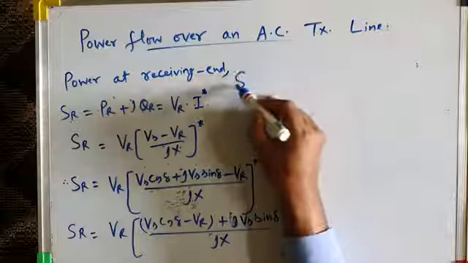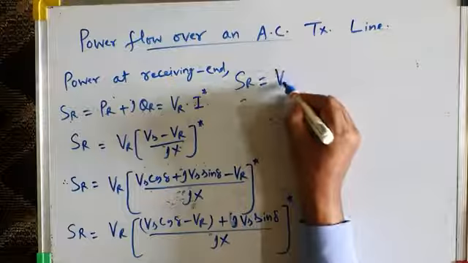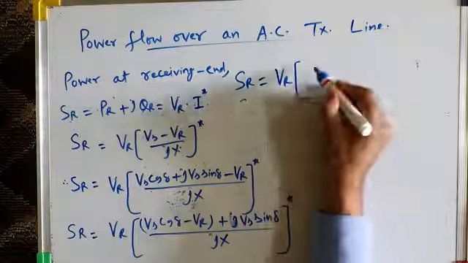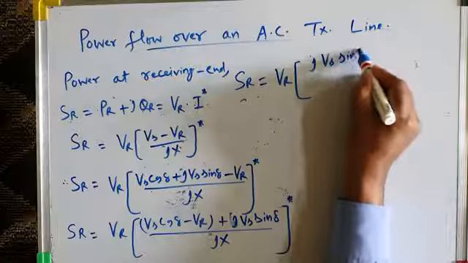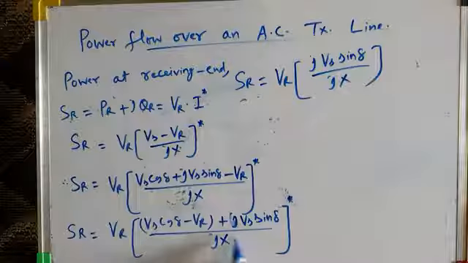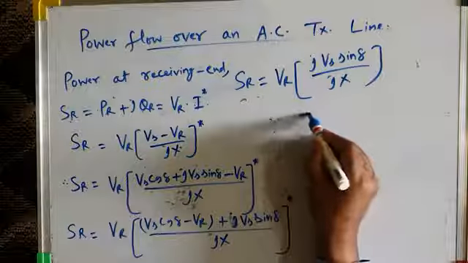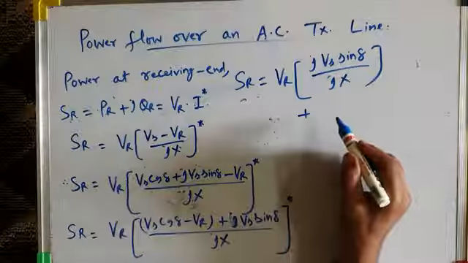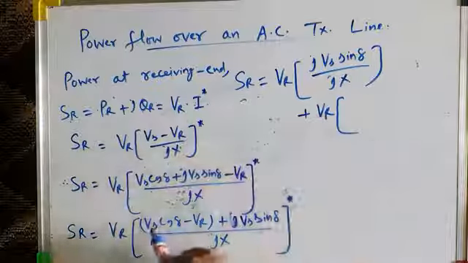So therefore Sr will be equal to, if I take this part first, Vr times j Vs sin delta by jX, because this term is to be divided by jX, and this term is also to be divided by jX, plus then we have Vr times this.